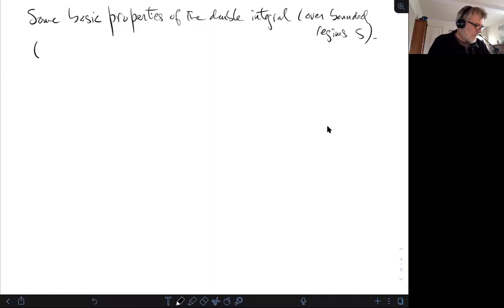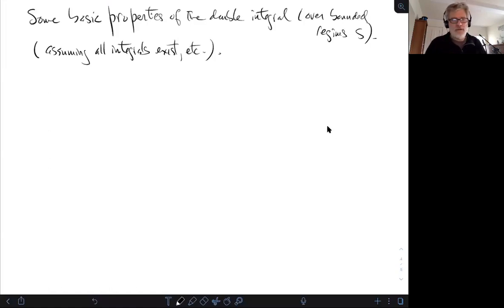Okay? So okay, so I'm not going to rewrite the whole hypothesis here. So the first thing, which is what I'll call linearity, is what you would expect. And if you're doing linear algebra right now, you may have seen linear transformations.